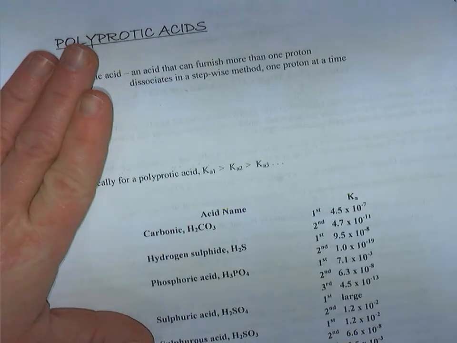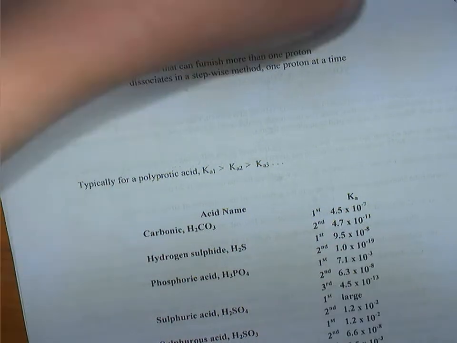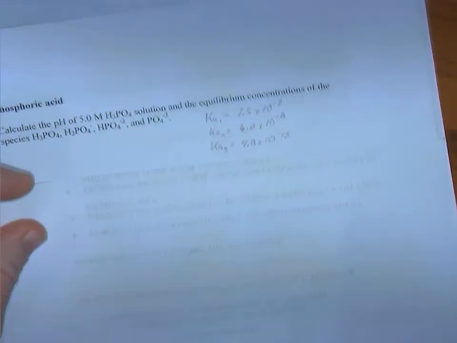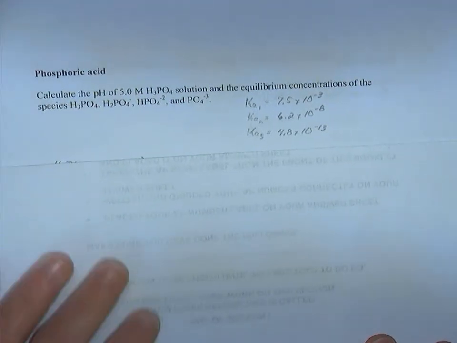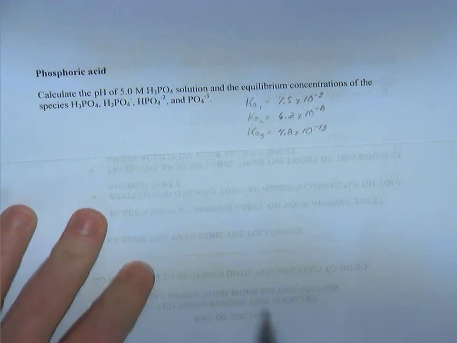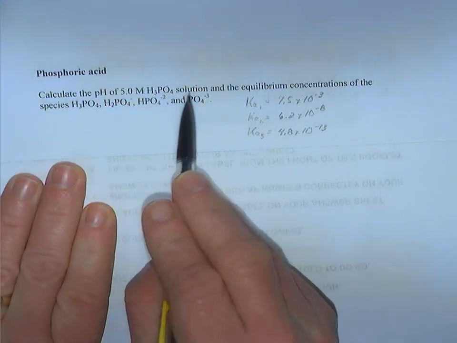All right, so how do we deal with these kinds of acids in problems? Well, what if we were tackling a question like is given to us on the first page of polyprotic acid calculations. So imagine that we have a 5 molar polyprotic, so it's H3PO4 solution.